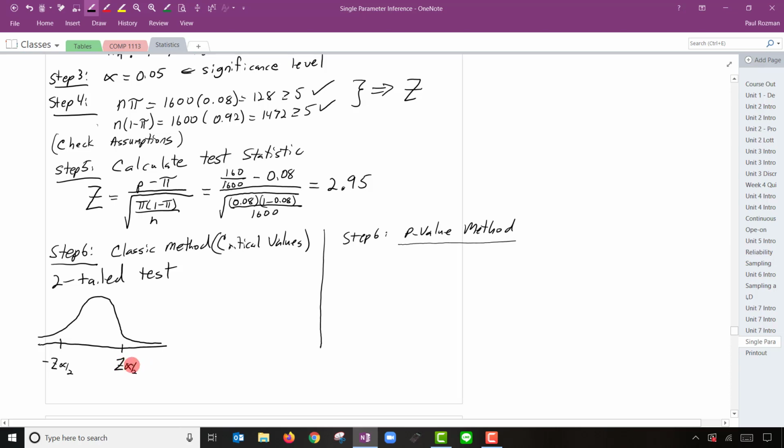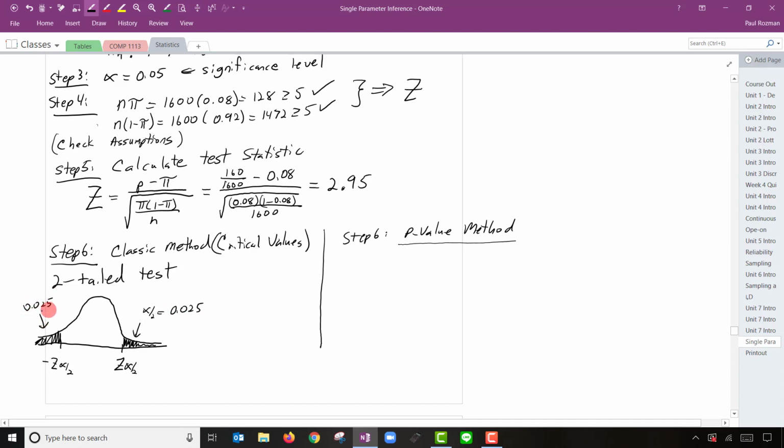You probably already know where I'm going here. In this case, we already set alpha. So we know that we're going to use 0.05. So the area in the upper tail and the area in the lower tail have to equal a total of 0.05. It's symmetric, so alpha over 2 is the area in each tail, so 0.025 on each side.